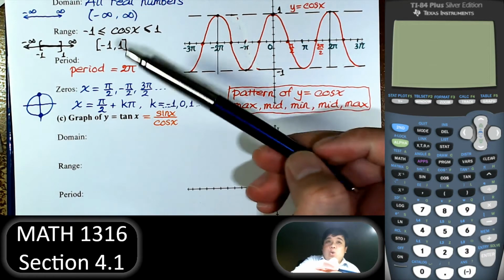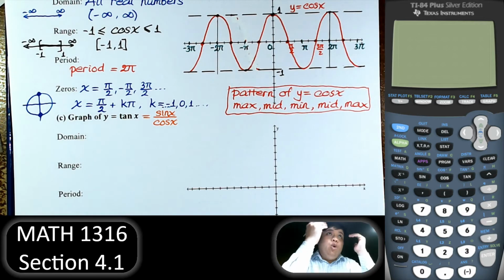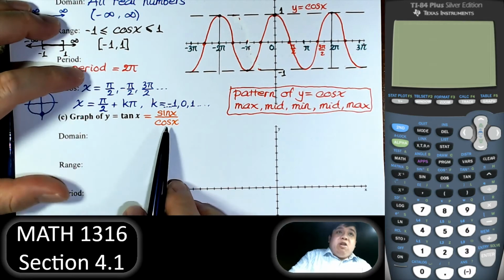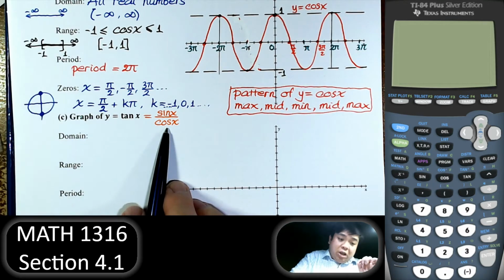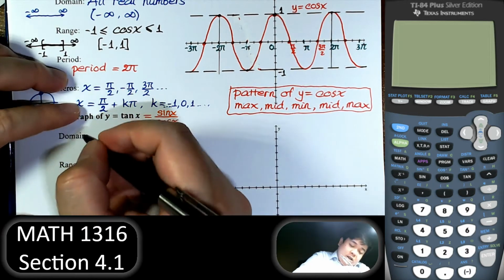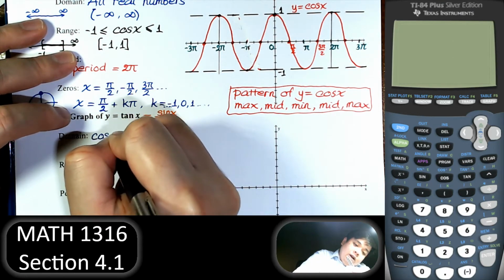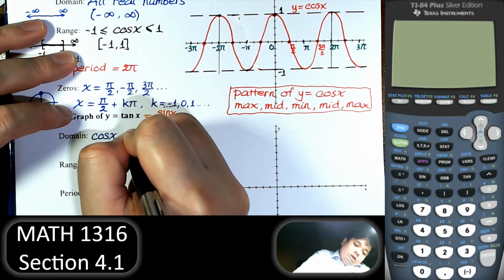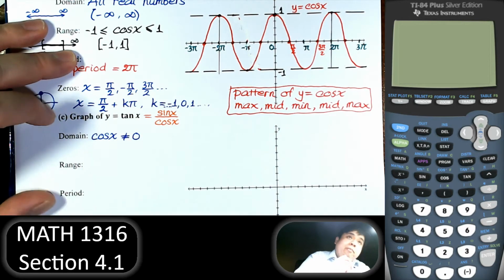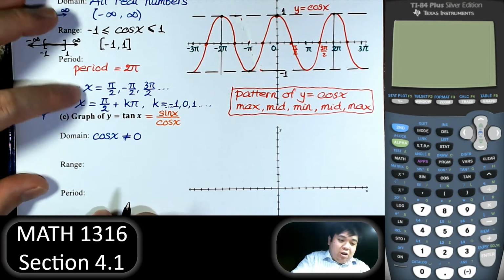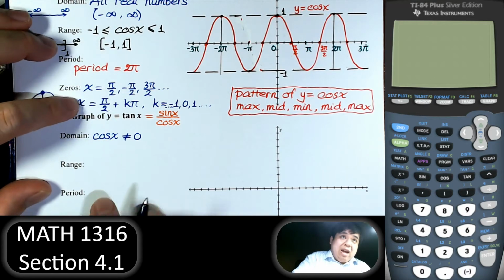If tangent is equal to sine over cosine, if it is a fraction, if it is a ratio, the denominator cannot equal 0, because dividing by 0 is undefined. Because of that, the domain is where the cosine of x is not equal to 0, meaning that this is where cosine equals 0, meaning we do not have any of these values.